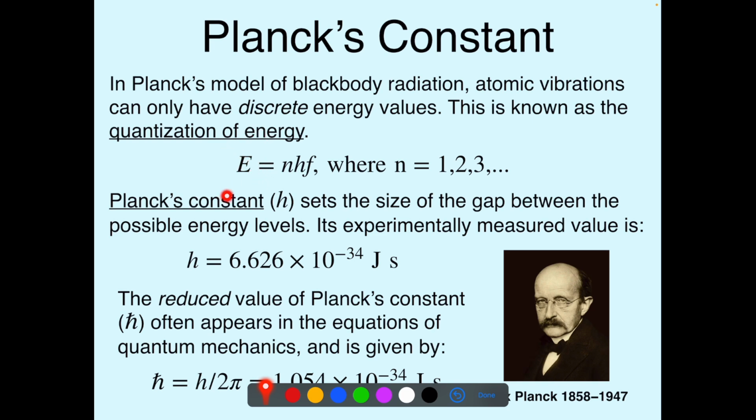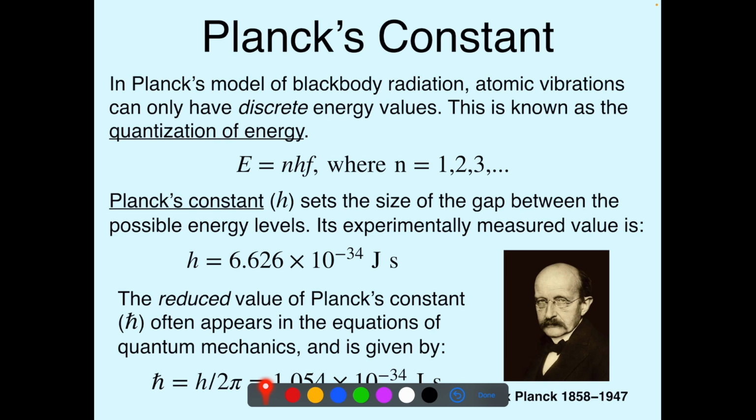Okay. So in this formula, we have this constant called h, which is known as Planck's constant. And this basically sets the size of the gap between the possible energy levels. So, let's take a look. If n is equal to 1, then we just have h times f. And if n is equal to 2, then we have 2 times h times f. And if n is equal to 3, then we have 3 times h times f, and so on.